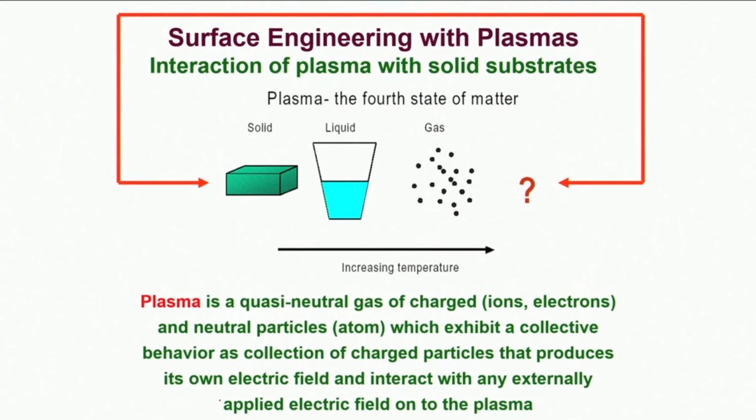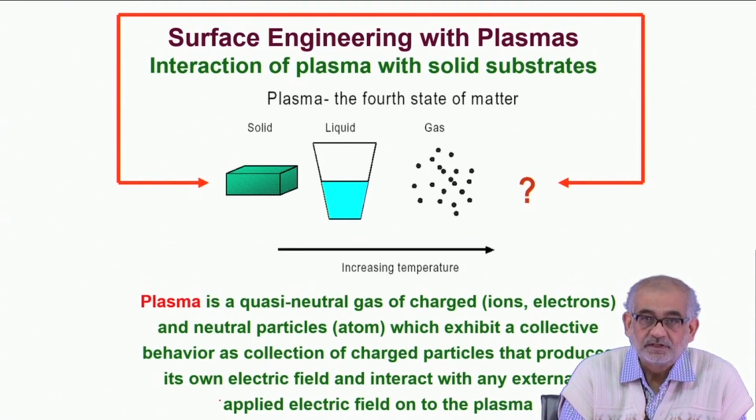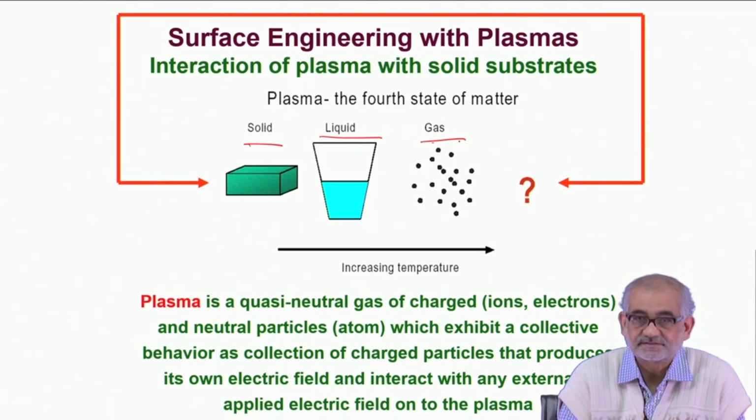Now, from our school days we have heard that matter, whatever we can touch or perceive or see, or which carries a weight or a volume, can exist in any of three possible physical states: solid, liquid and gaseous. Obviously, temperature has a role to play, but the state of matter could be at equilibrium.